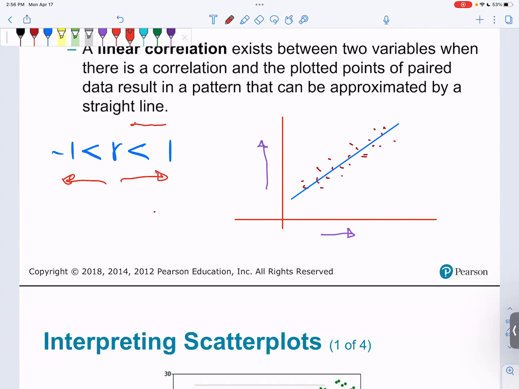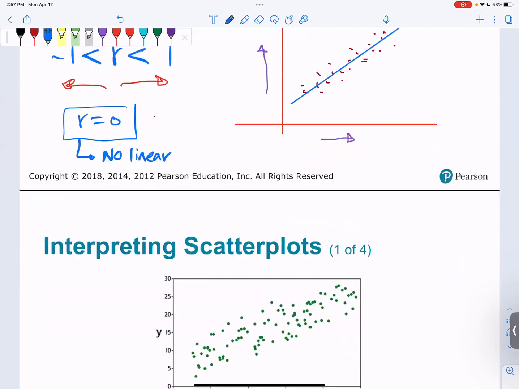And as we get closer to 0, the relationship will be weaker, till R equals 0. Remember, when R equals 0, we said no linear relationship. No linear. We cannot say no relationship. We can say no linear relationship between those two variables.